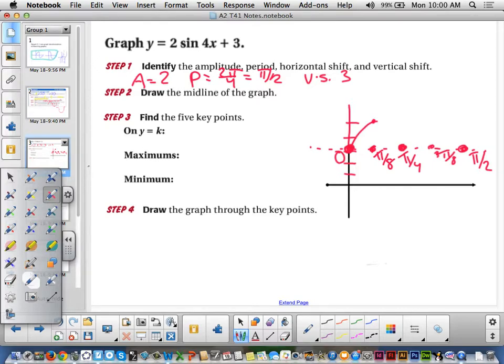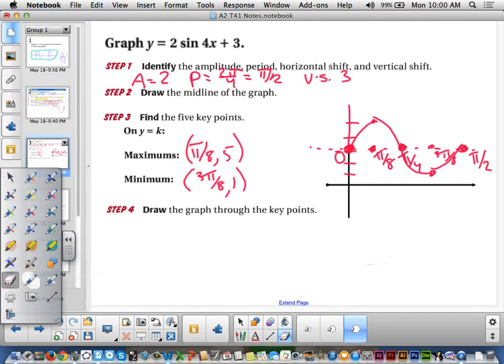That's pi over 8. All right, then we'll go to the equilibrium point, and then we'll go down to the next key point. That'll be 3 pi over 8. Then we go back to the equilibrium. There we have 1 full cycle of the sine wave that's been shifted up 3.